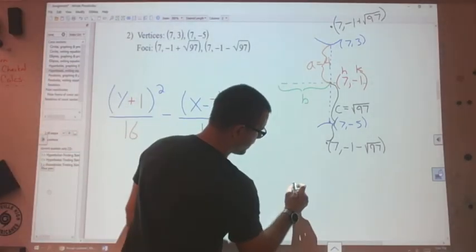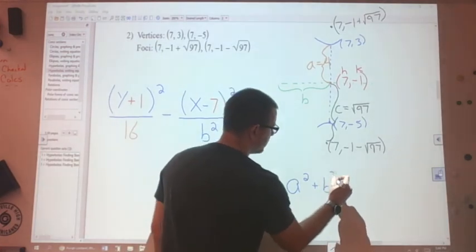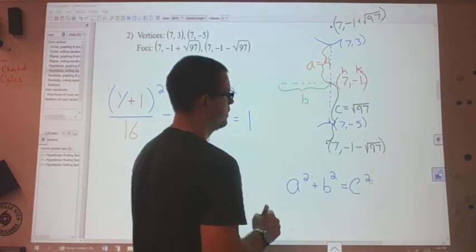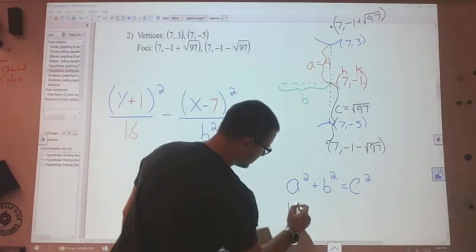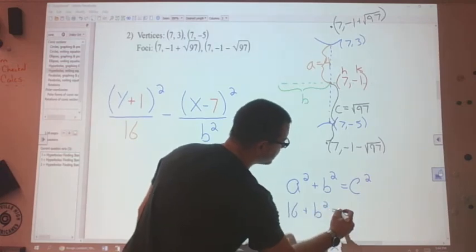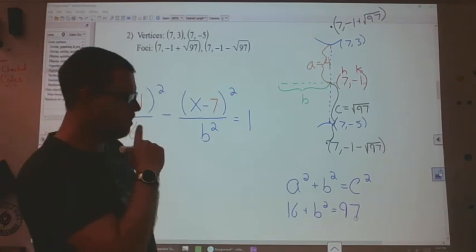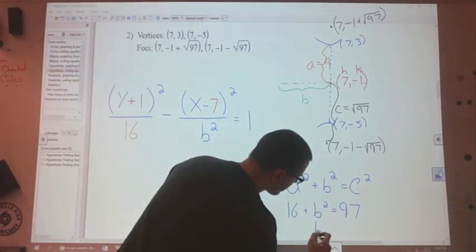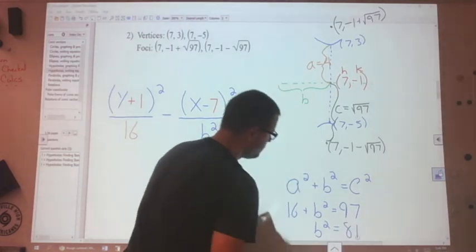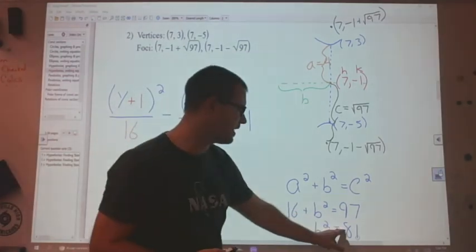So for instance, I know that a squared plus b squared is equal to c squared. So 16 plus b squared is equal to 97. B squared is equal to 81. Which is really all I need. That's what goes in the equation, b squared. B squared is 81.